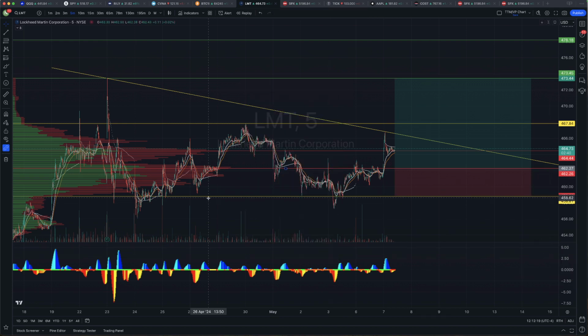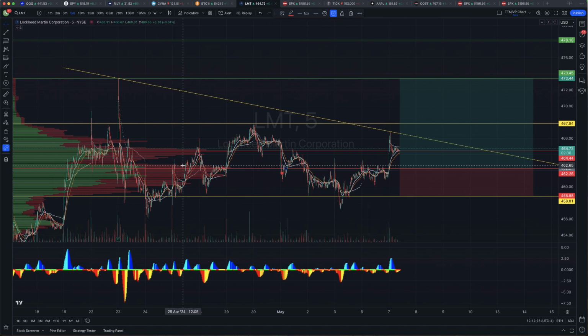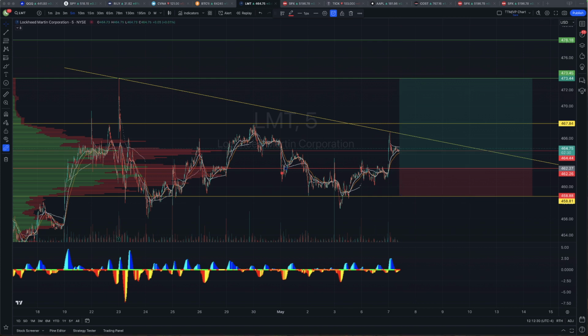If we come down and we touch it, then great. Or if you really love LMT right now, let's say your max position would be 2 to 3 contracts. If you felt like it, you could maybe buy 1 contract off of this level in case it decides it wants to bounce and go from there because it's already pushed up above it.